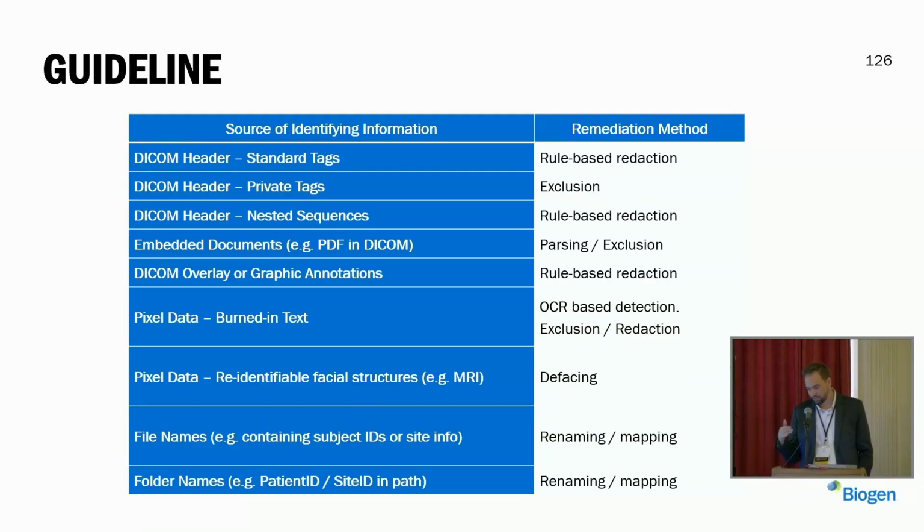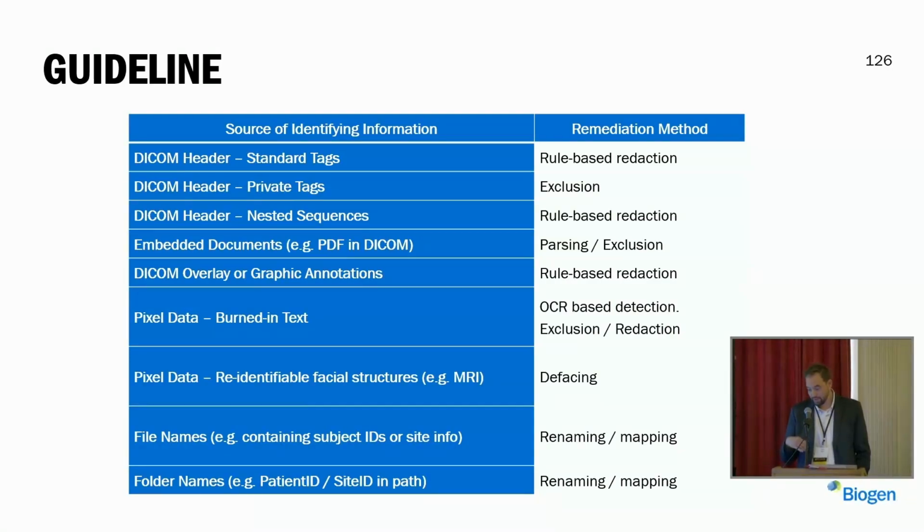Then there are embedded documents or the DICOM overlay stuff. What happens is in the review of images, people will take a screenshot and then maybe annotate some stuff on it and save it as a PDF within these folders. Sometimes you'll see institution name on it, investigator name. So things like this, you probably don't need for the secondary analysis, so we'll probably just exclude that.